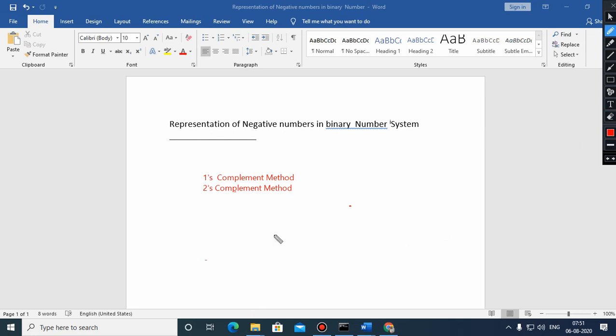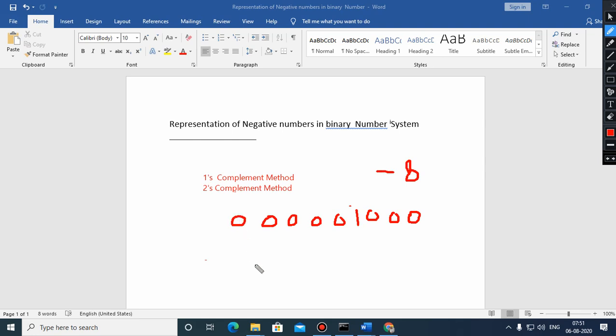First of all, see how we can represent minus 8 in binary. This is 8, which is 4 bits, one nibble, and if you add 4 more bits in front of this, it becomes one word or one byte, and here one extra sign bit is associated. So this is positive 8.